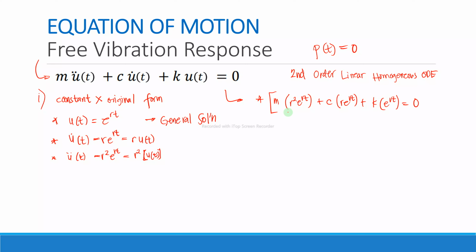Now, looking closely at the equation, there is a common factor, so let's divide the whole equation by e to the rt. Now, we are left with m r squared plus c r plus k is equal to 0. So from a second order linear homogeneous differential equation, now we have a quadratic equation. We call this our auxiliary or characteristic equation.